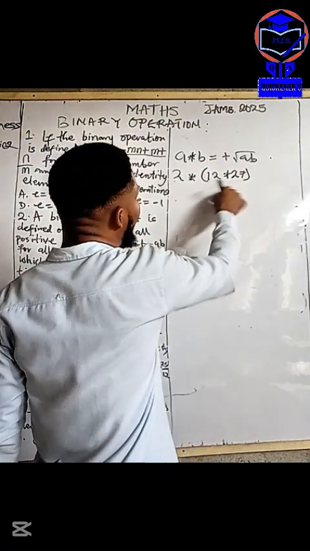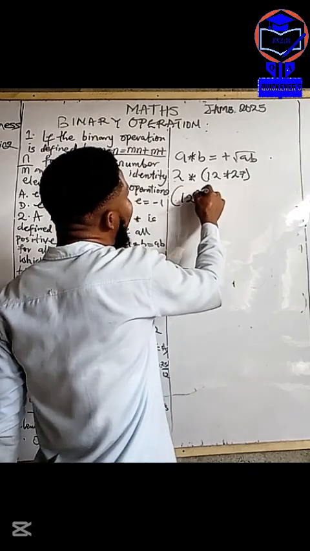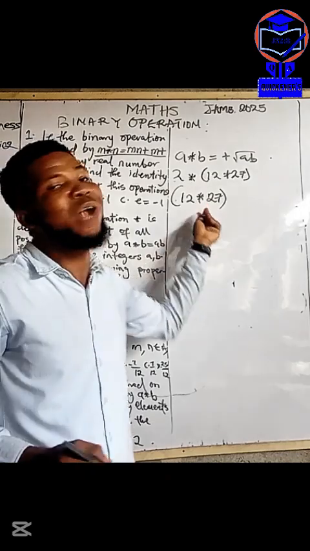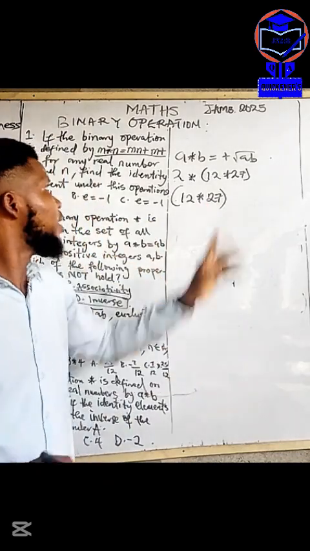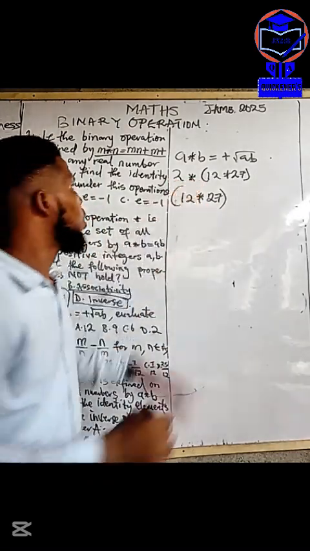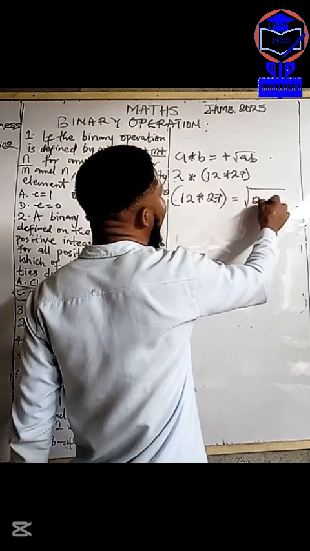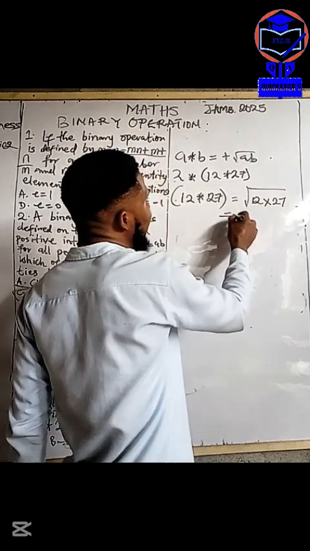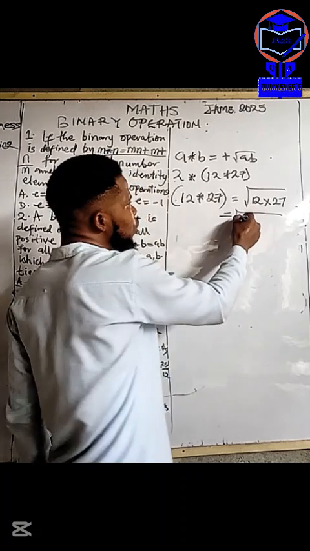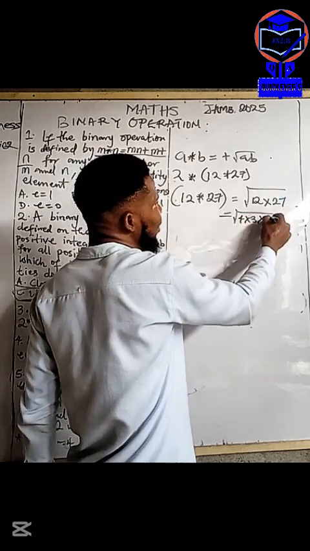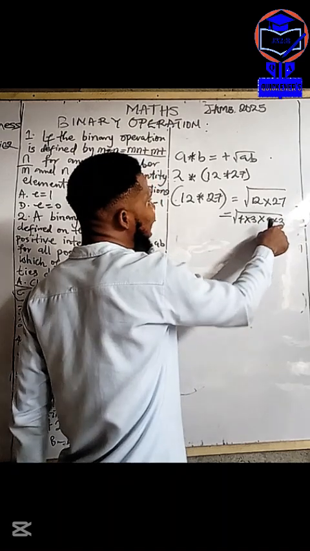So now, let's go for the bracket first: 12 operation 27. That's the best thing to do. You simplify the bracket so that you have a single result, then you can operate with the one outside too. So what do you have? Positive root of 12 times 27. Let's express this: 12 is 4 times 3, and 27 is 9 times 3, and 3 times 3 is 9.